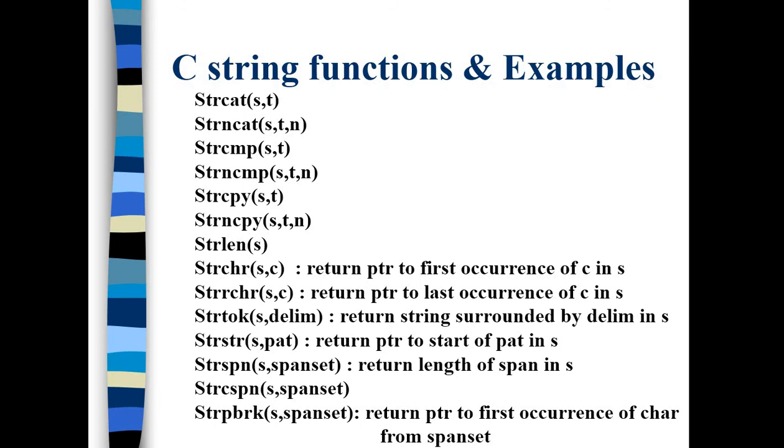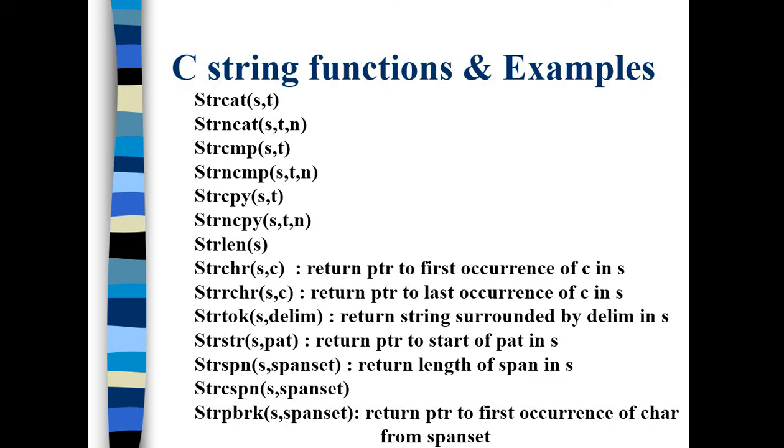If you want to find the length of a string, the strlen function will be useful. And if you want to check whether a character C is present in a string, you pass strchr of S comma C, and it will return the first occurrence of character C in the string S.